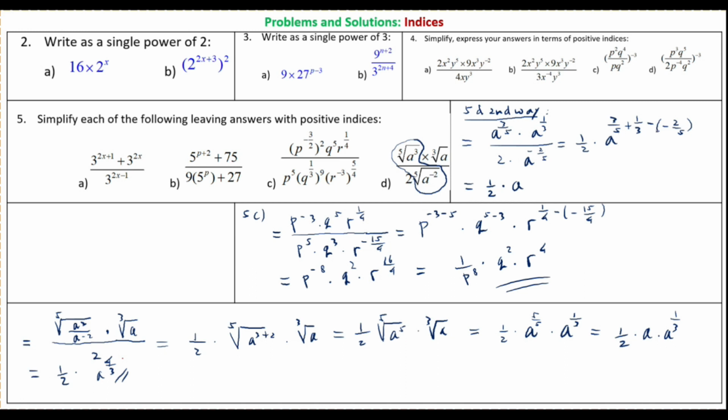So 3 over 5 plus 2 over 5 is 5 over 5, and then plus 1 over 3. And that equals 1 over 2 times a to the power of 1 plus 1 over 3, 4 over 3. So that's the second way.